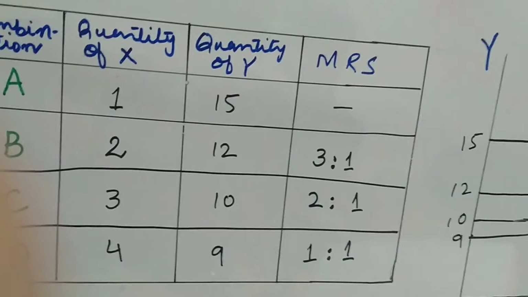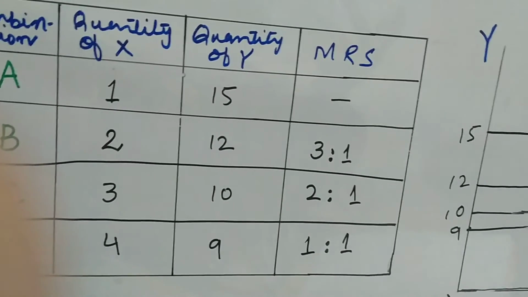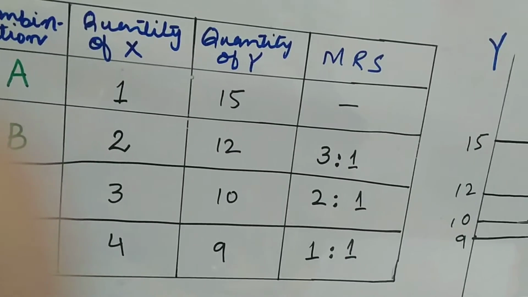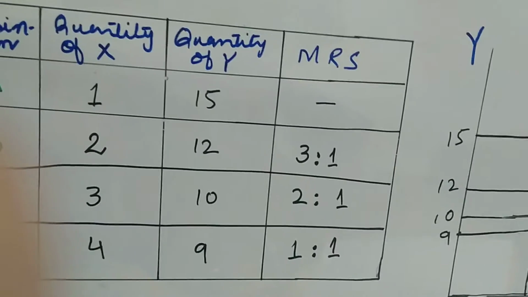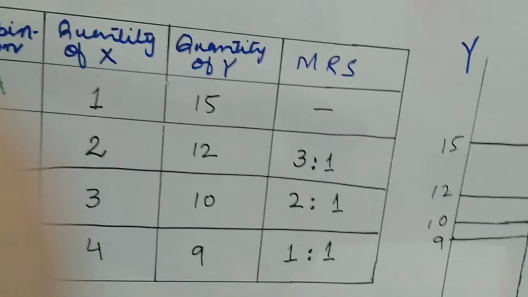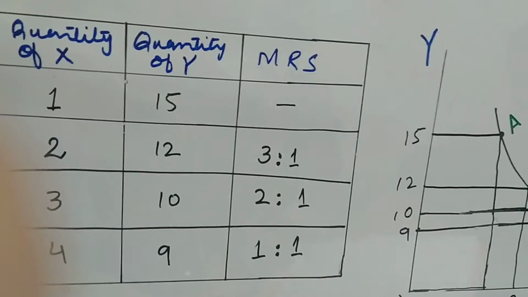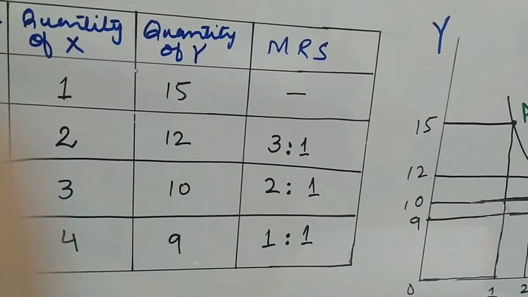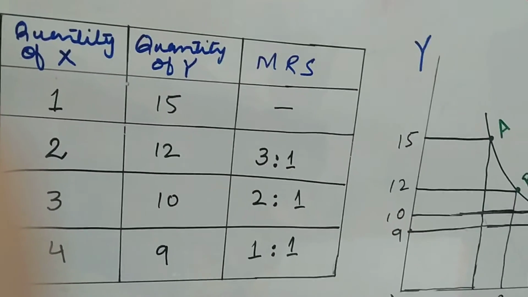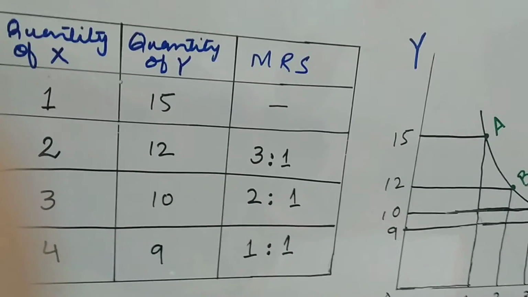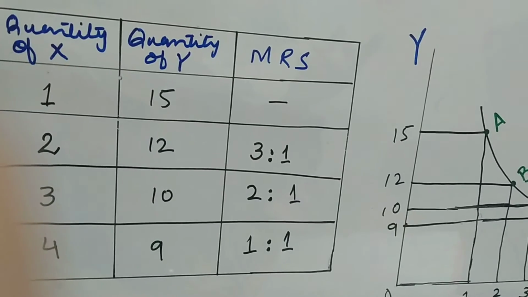In combination B, we get apple for 12 units of bananas. Similarly, in combination C, we again change the ratio of bananas and apples. We go on changing the combinations because of human nature.